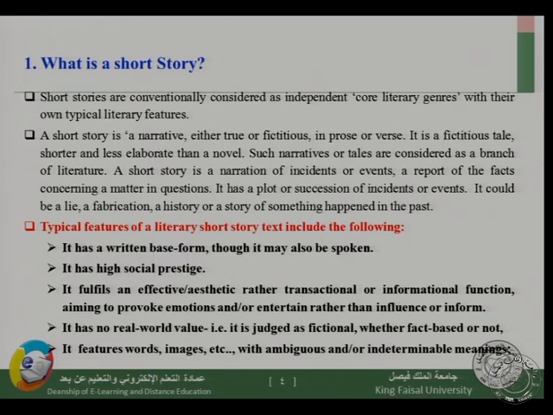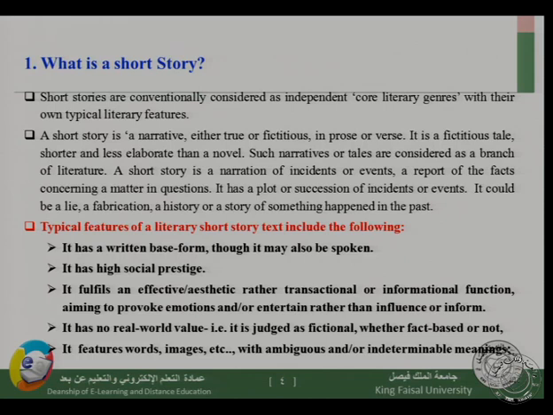It's an independent speciality, and a short story is some kind of narrative. This narrative could be true or untrue or fictitious, or this short story could be in prose or in poetry or in verse.